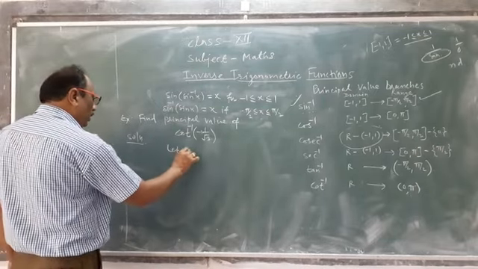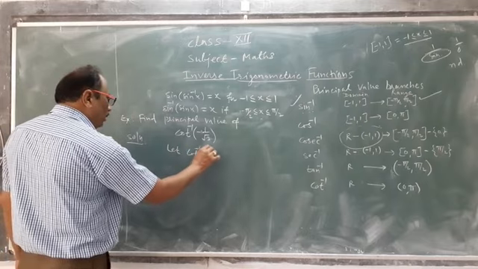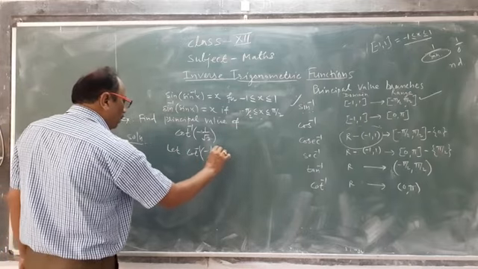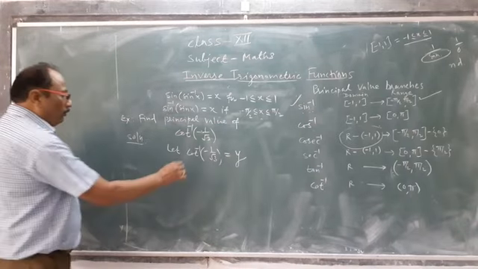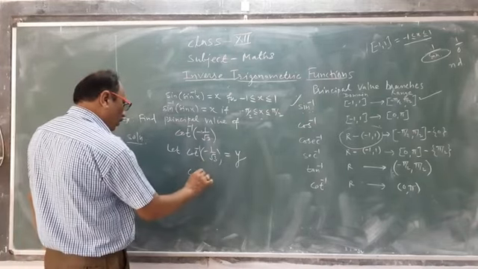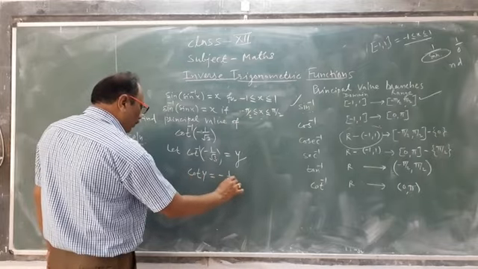Let cot inverse of minus 1 upon root 3 be equal to y. Then cot y is equal to minus 1 upon root 3.